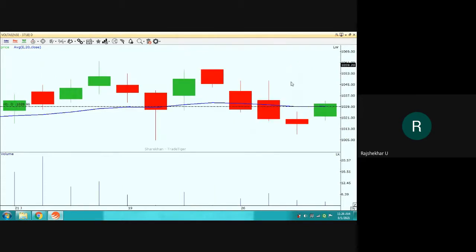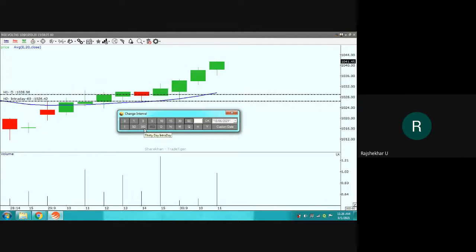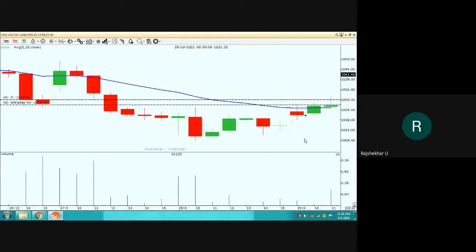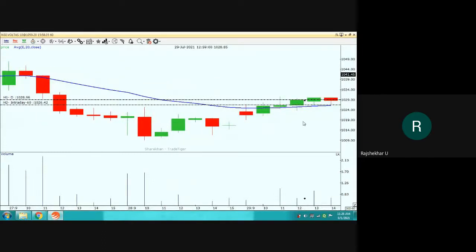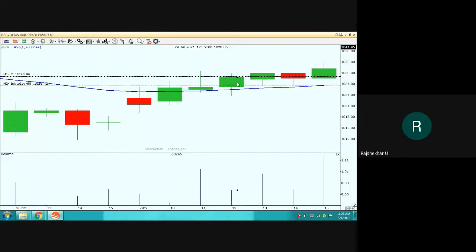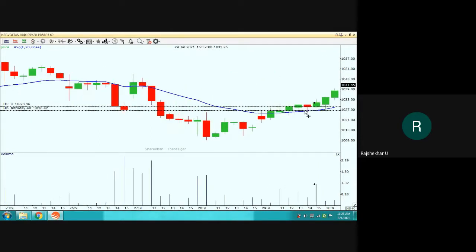If you neglect this candle, so here the stock is above daily moving average line. Okay, then we have to check hourly as well on 29 July only. See, with this particular candle, the stock is above hourly moving average line as well. Now the stock is trading above daily moving average line and hourly moving average line.